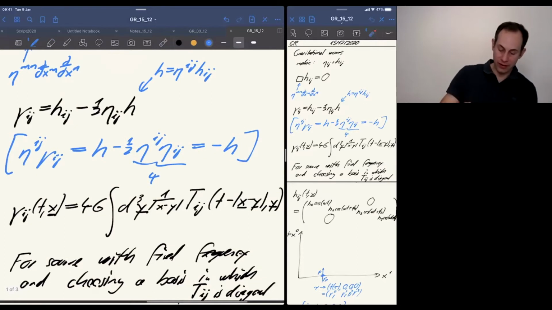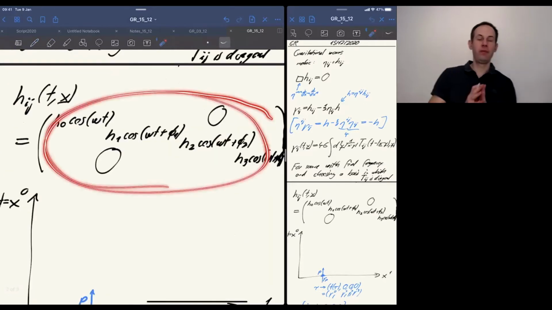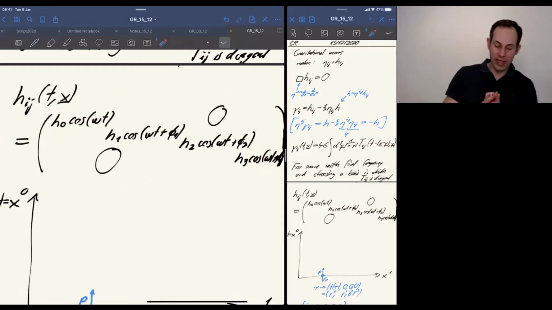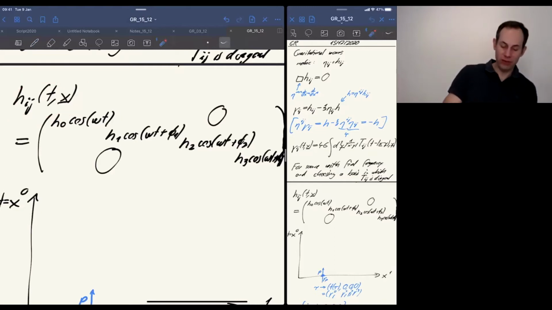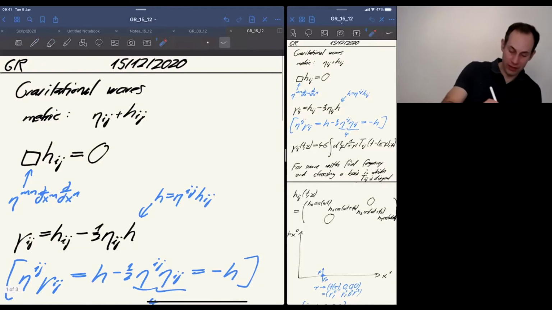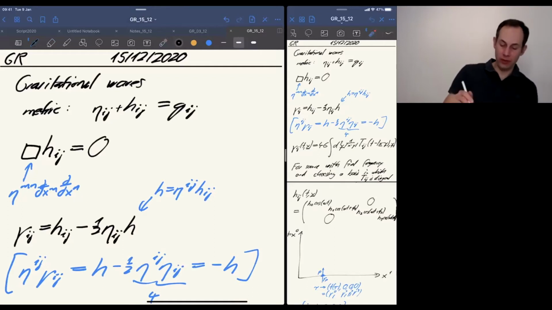So remember I said here that this thing in our approximation when we are far away does no longer depend on x. And of course, if the deviation from the flat metric doesn't depend on x, then also the total metric g, maybe actually I should write the total metric g is of course this thing here. That's the total metric eta plus h.